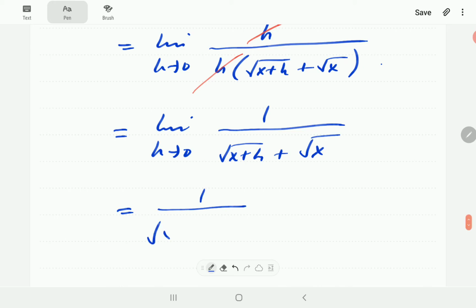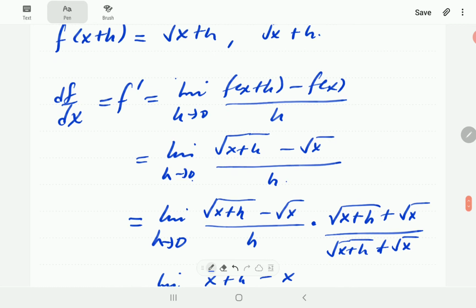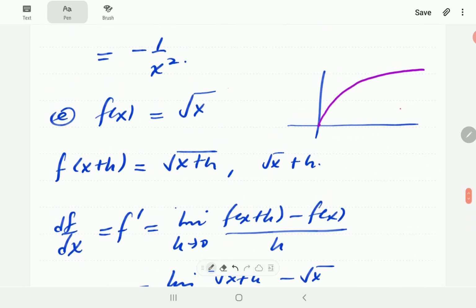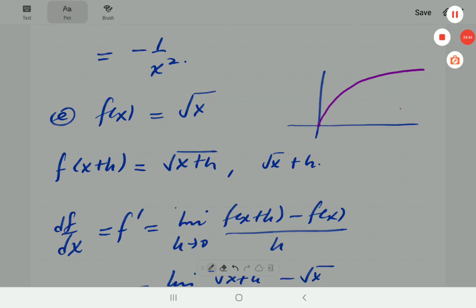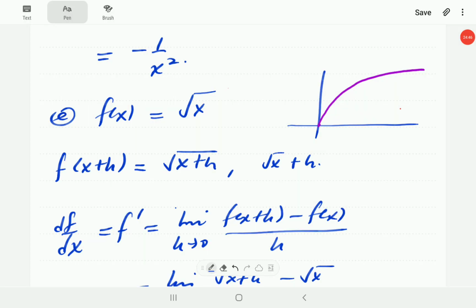So this is now going to be x plus 0 plus that, which is 1 over 2 times square root x. Since square root x is always positive, this is always positive, which is in agreement with what we expected from the graph, because the graph is always rising, so the gradient is always positive.